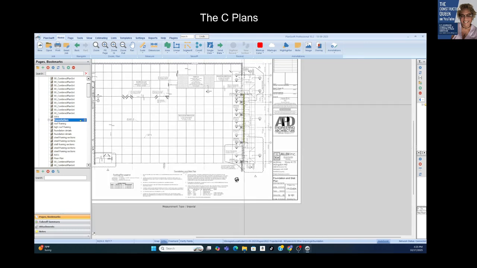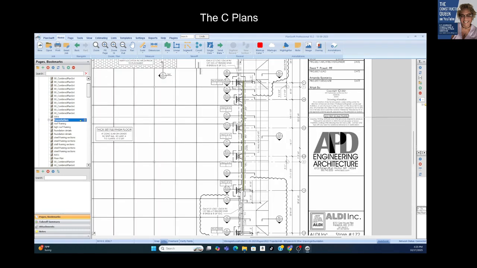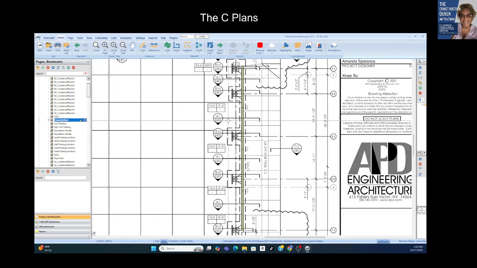And so it's important just to remember this section view is going through this section of the continuous footer because the architect is saying there's something different about the construction here between the column pad and the next column pad, which is this stretch. There's something different about that construction than is at the column pad itself.